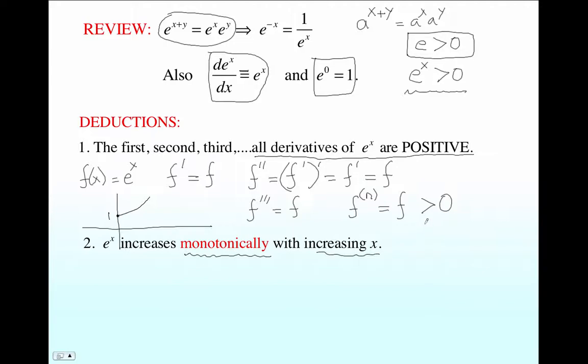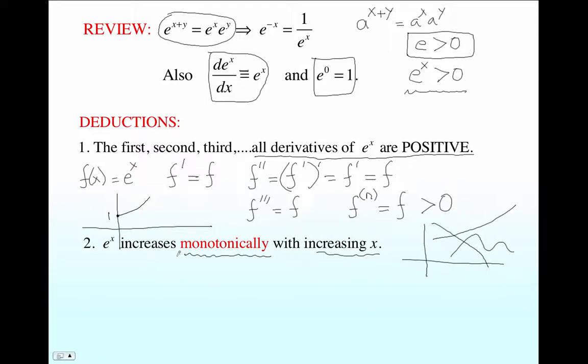A monotonic function, let me just draw one over here. Let's say that here's a function that's increasing. That's a monotonically increasing function. Here's a function that's monotonically decreasing. It's always decreasing. On the other hand, a function like this is not monotonic. It's neither always increasing nor always decreasing.